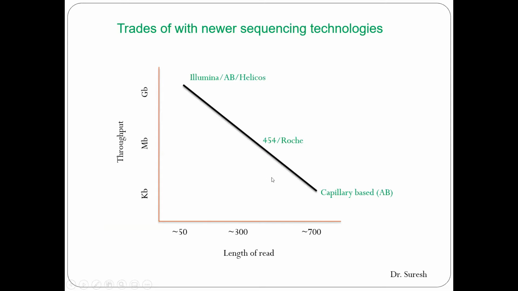To compare with what you learned, this is the capillary-based Applied Biosystems Sanger sequencing. You will get approximately 700 nucleotides of a single DNA sequence at a time, but you will not get too many sequences.